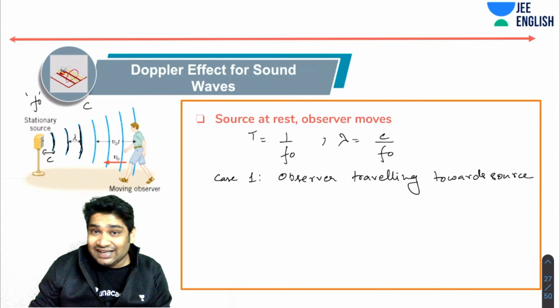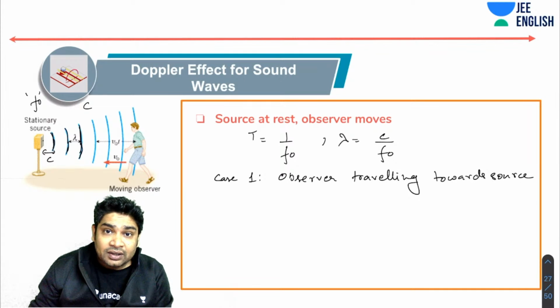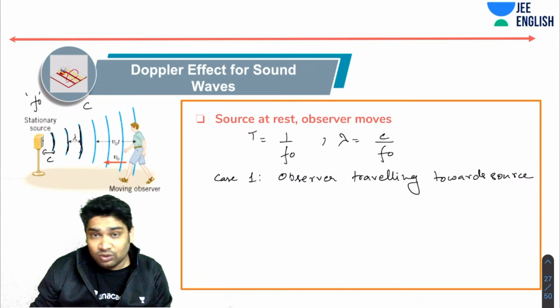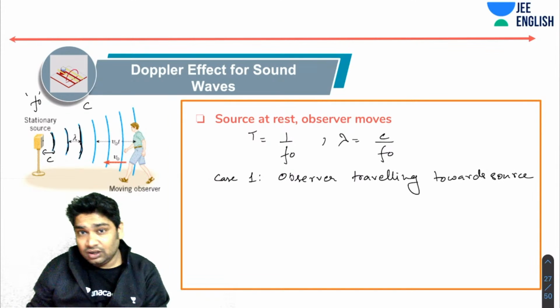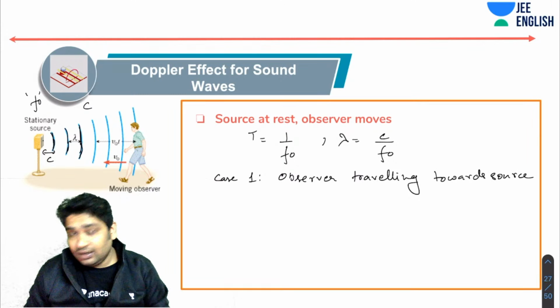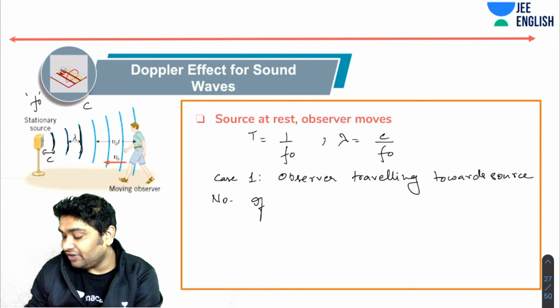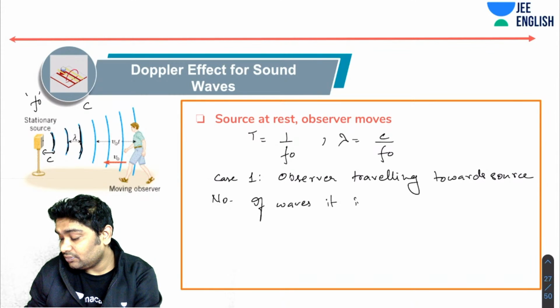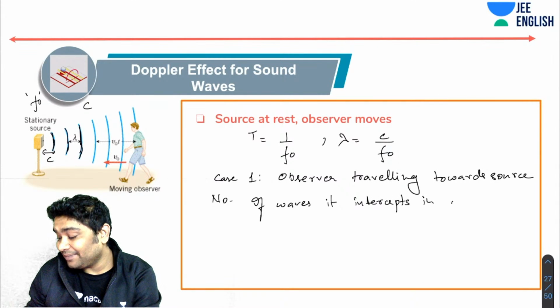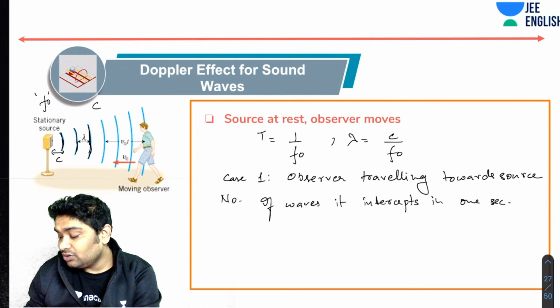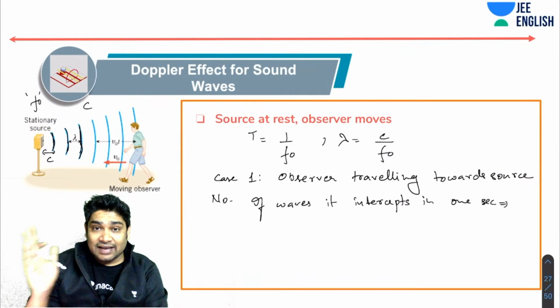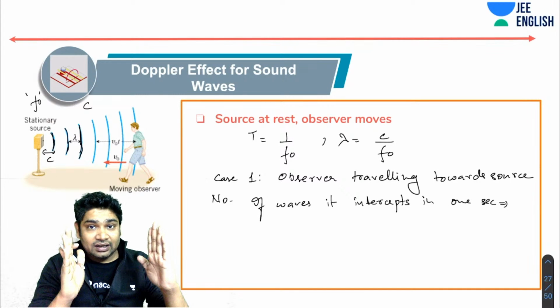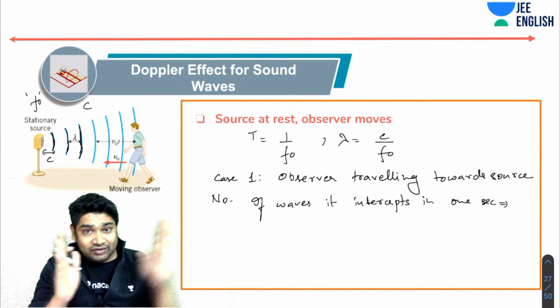So in 1 second, the velocity of the wave becomes c plus VO. So the number of waves it intercepts in 1 second: this guy would have moved by a distance v naught, and the air waves would have come by a distance c.